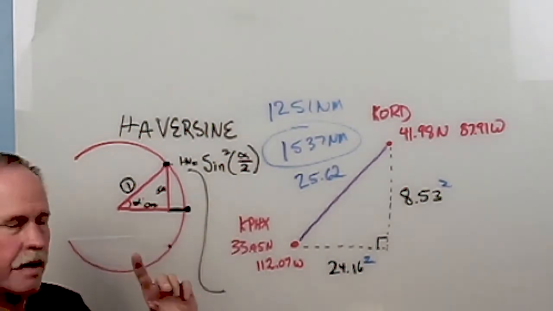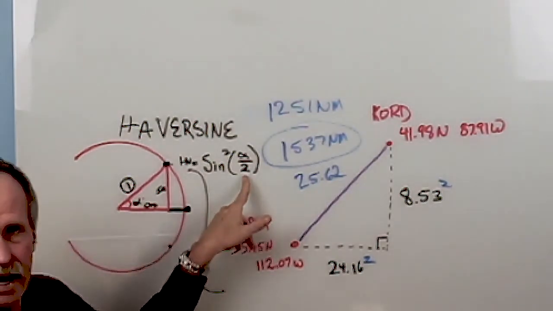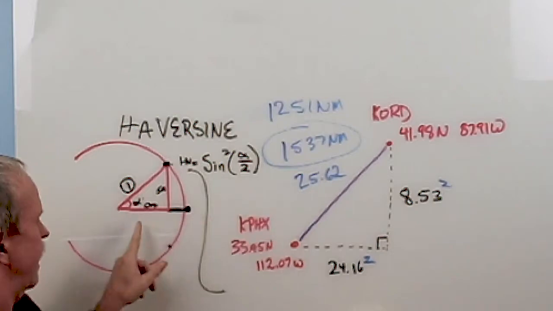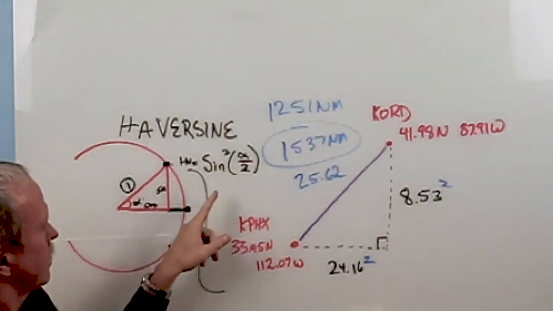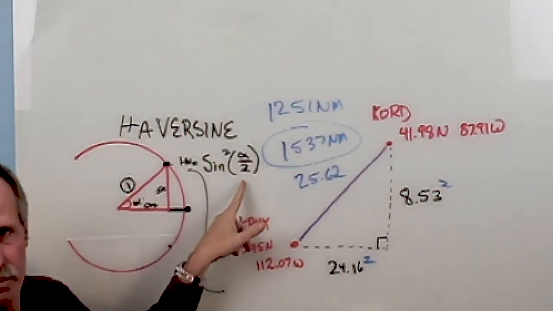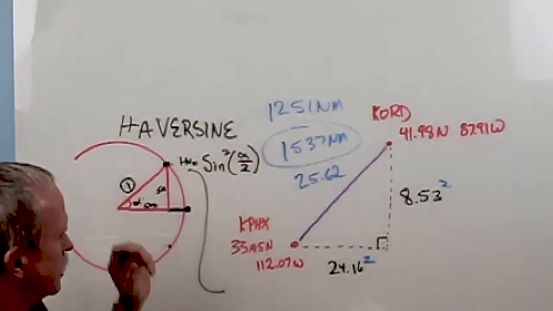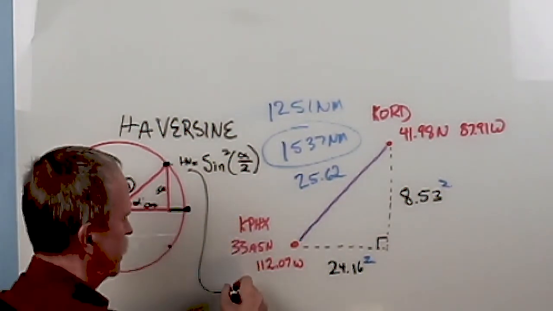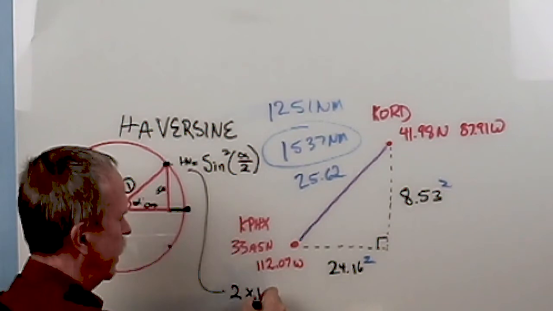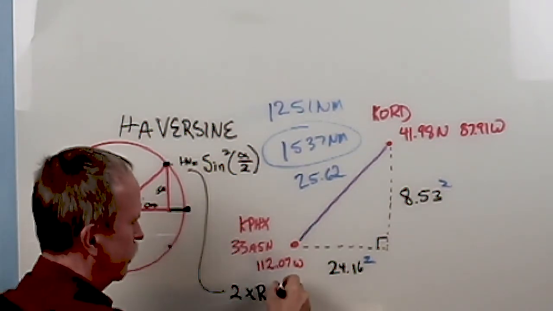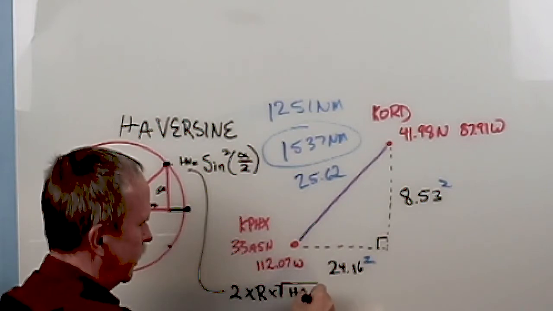Now, the thing about the haversine is that you're measuring the haversine of half the angle, half this angle alpha. So once we have that, we have to multiply it by 2. So here's how you find the distance. You take 2 times the radius of the sphere times the square root of the haversine.